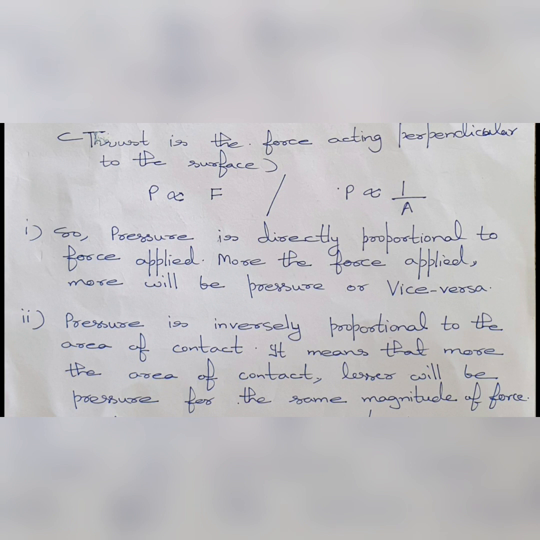Inversely proportional means that if we increase the area of contact, then pressure will decrease. And if the area over which force is applied is decreased, then for the same force, pressure will increase.